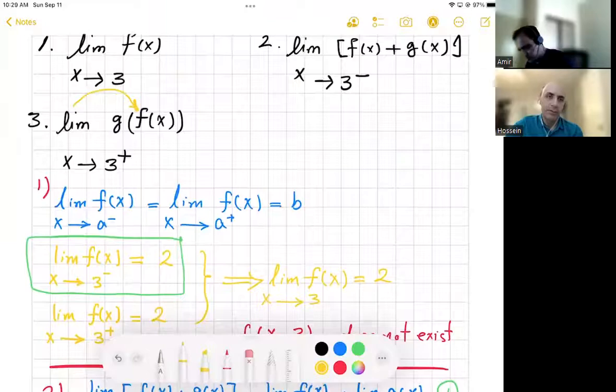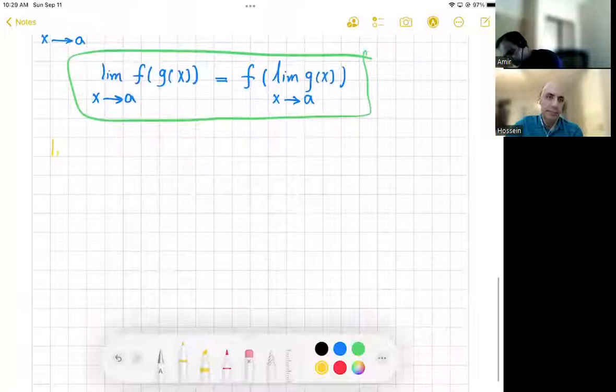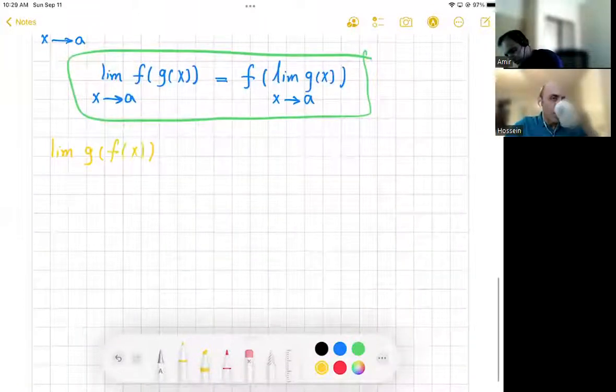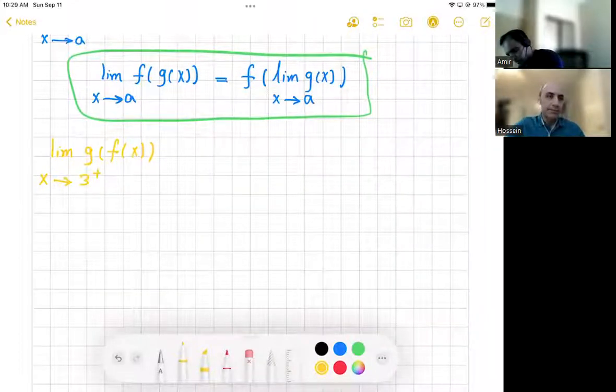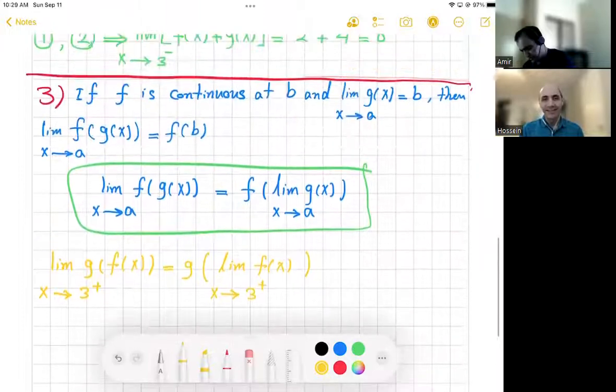So the limit of g of f of x, x approaches 3 from the right side, based on this theorem, is g of the limit of f of x when x approaches 3 from the right side. Okay, let me look at the graph.